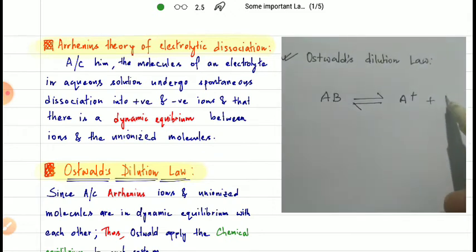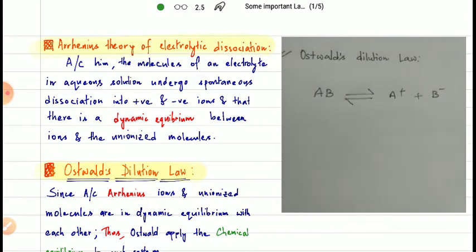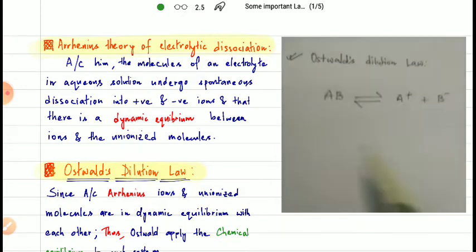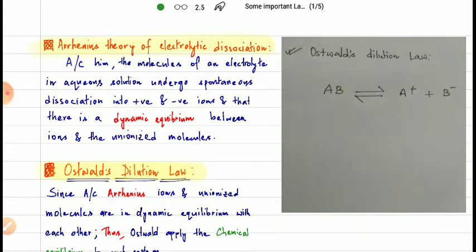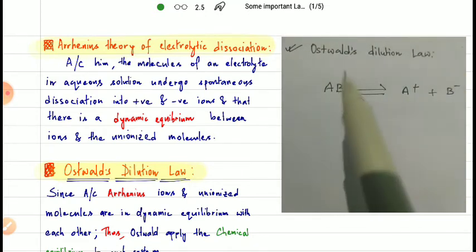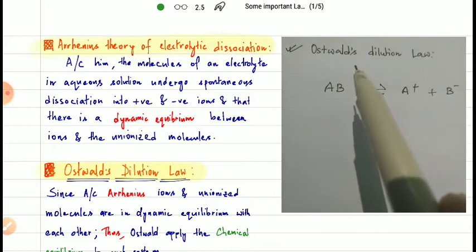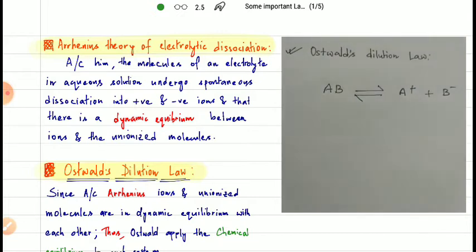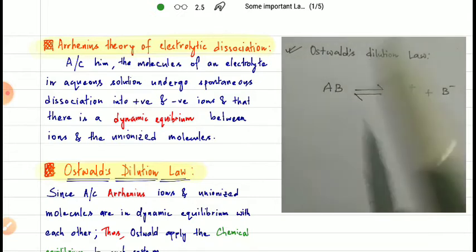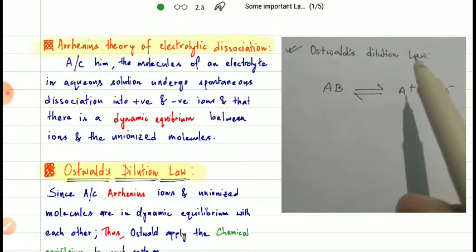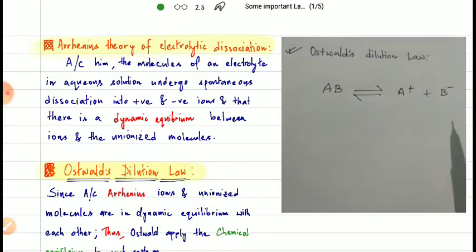Let's suppose these are the two ions. So there will be a dynamic equilibrium. And please remember one point: the Arrhenius theory and Ostwald dilution law are only applicable to weak electrolytes.